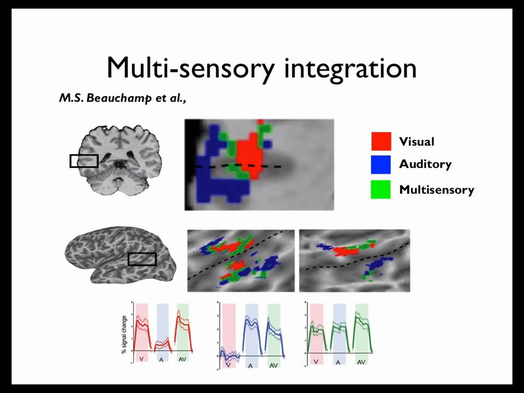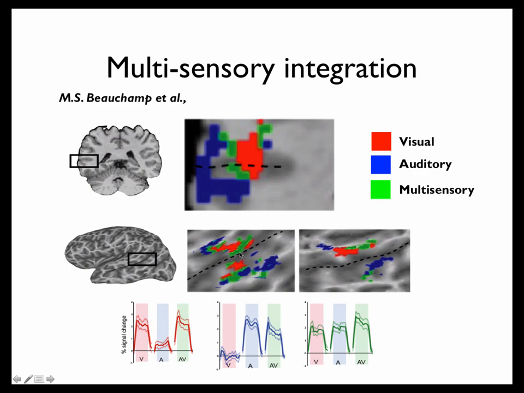So this is some work by Mike Beauchamp back when he was at the NIH, looking at what happens when you go to higher and higher resolution in your mapping function: you get less blob-like activity and more interdigitated, complicated patterns. This is an example of a task that involved visual, auditory, and multisensory integration.